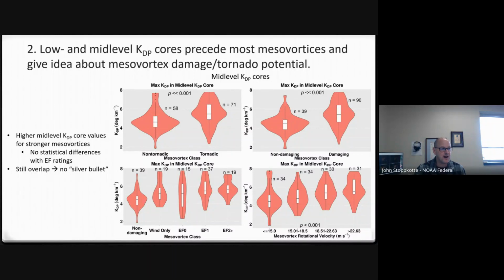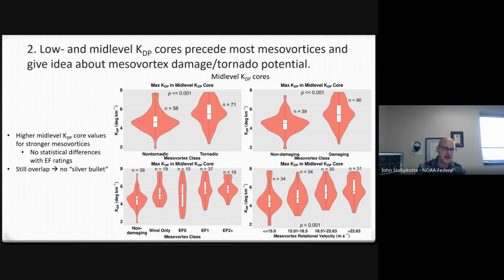When you talk about a KDP core, kind of a follow-on to Aaron's point, it appears as though you're looking at a single pixel value. Do you have an aerial threshold for what you consider to be a KDP core?